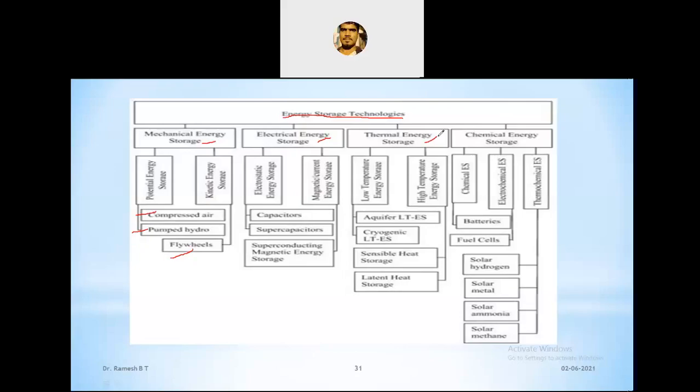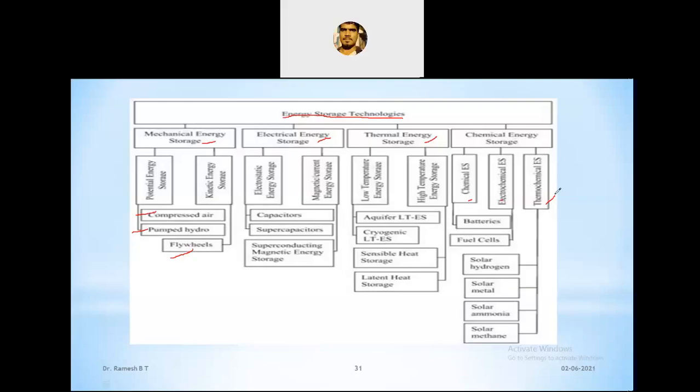And the last one is chemical energy storage. Chemical energy storage means chemicals: electrochemical and thermochemical energy storage. Again, there are sub classifications. If it is chemical energy storage, we store the energy with the help of chemical reactions, that is battery. In most batteries the energy is stored in the form of chemical reactions.